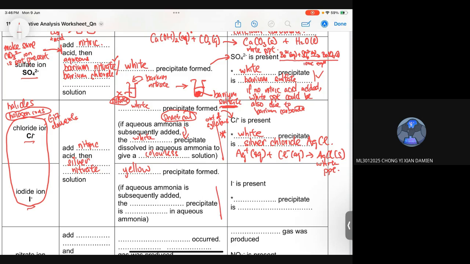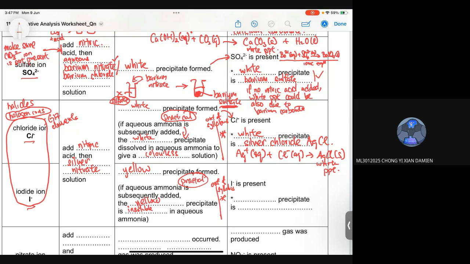Once again, I say again, this is out of syllabus. You are not expected to memorize this or know this, but it is good for your practical knowledge. As I mentioned, they can ask you to add aqueous ammonia subsequently. For the yellow precipitate, take note, this one is insoluble in excess aqueous ammonia. You add aqueous ammonia, it doesn't dissolve, and you will just see the yellow precipitate remaining there.